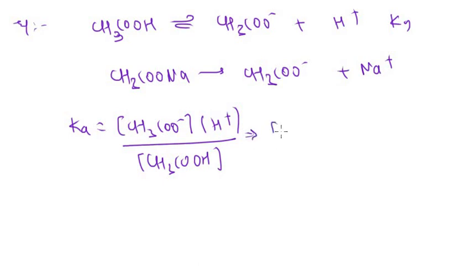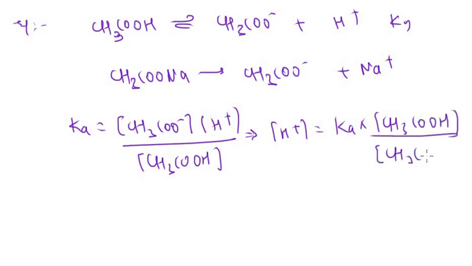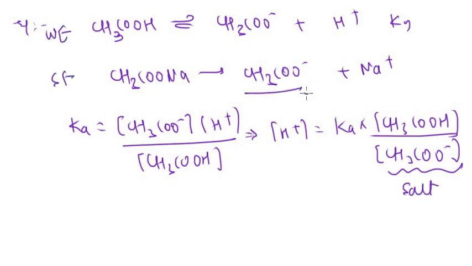Now the concentration of H plus comes out to be Ka into CH3COOH upon CH3COO negative. So that is the H plus, and all the acetate is coming from the salt. We know when we have a weak electrolyte and a strong electrolyte, all the ion we consider from the strong part only, that we have seen already.